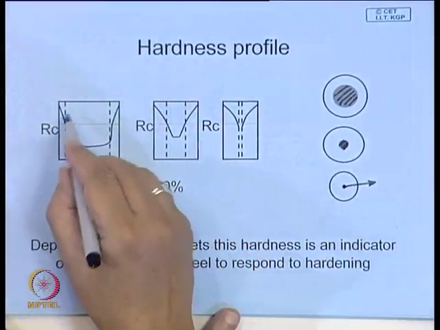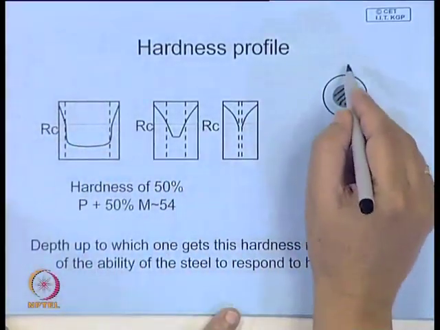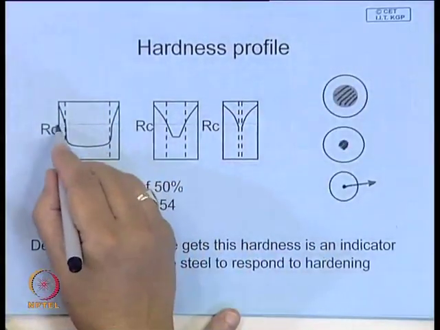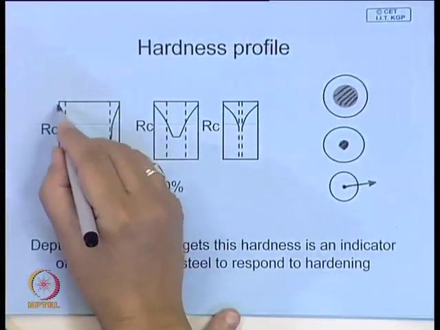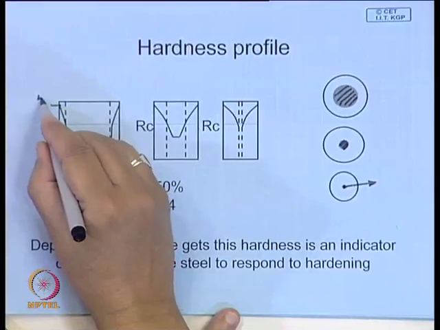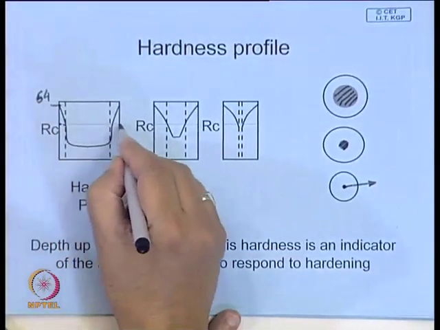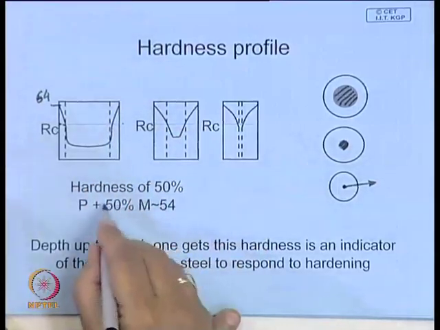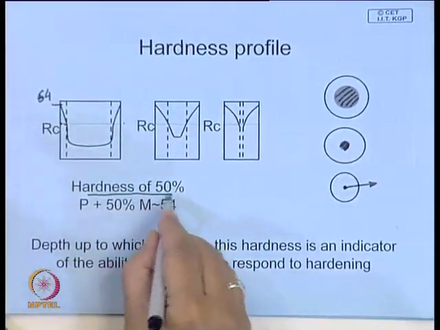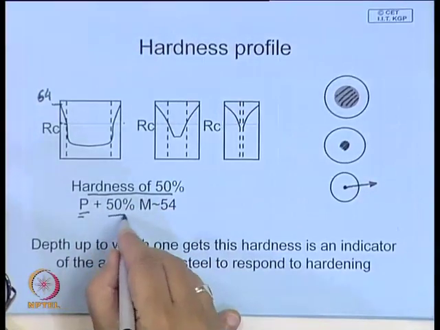So this is the best way to think about it: when you take a section, you can measure the hardness from this end to that end. This is the hardness profile. Let us say this is hardness 64 at the surface, and 50 is the martensite hardness of this mixture, 50% pearlite, 50% martensite.